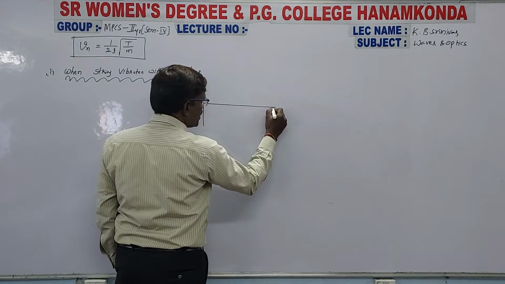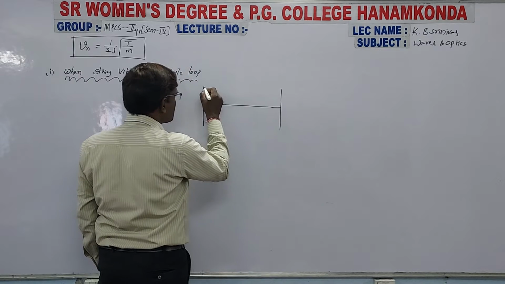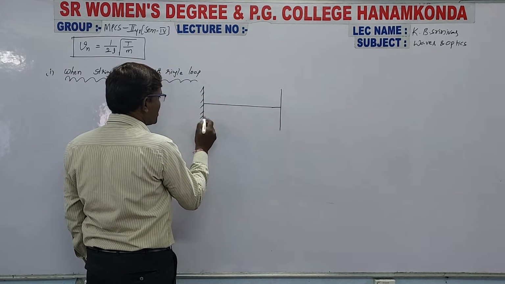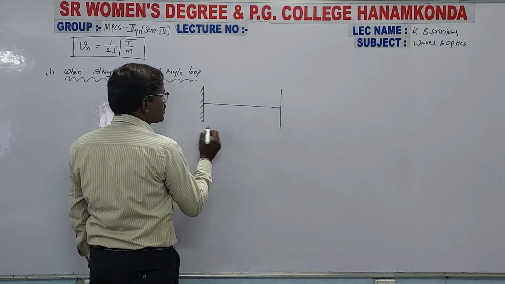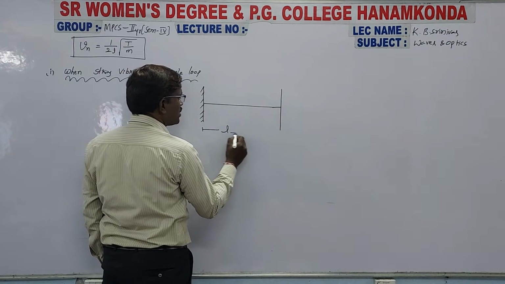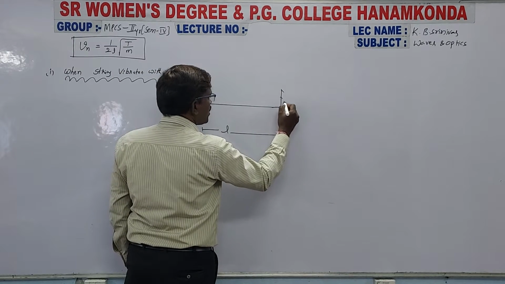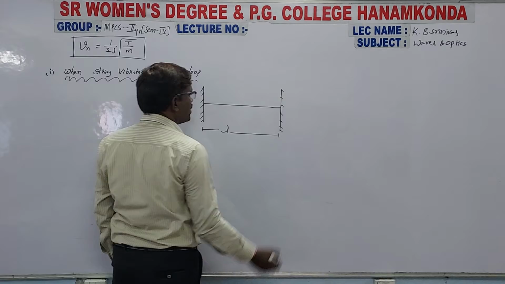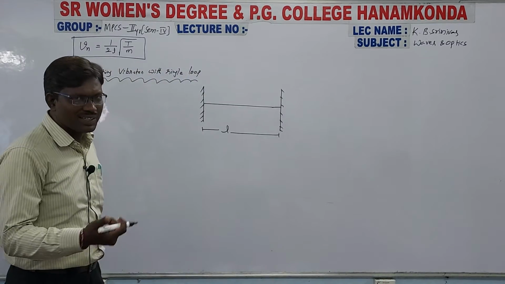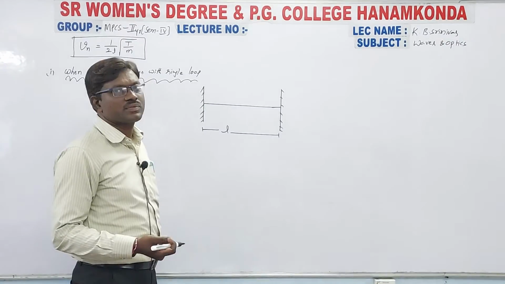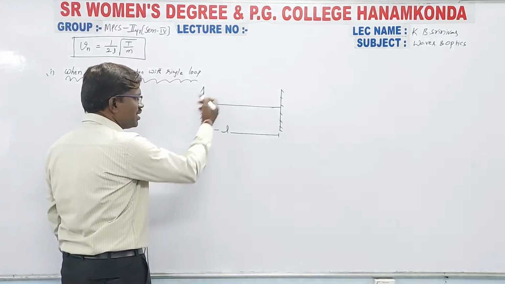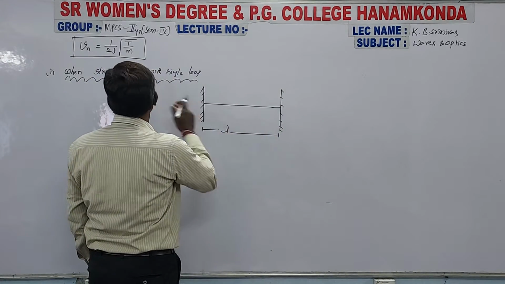This is the string which is fixed between two rigid supports. This is the length of the string. If it is plucked perpendicular to its length, what happens? Definitely a transverse wave will be produced.